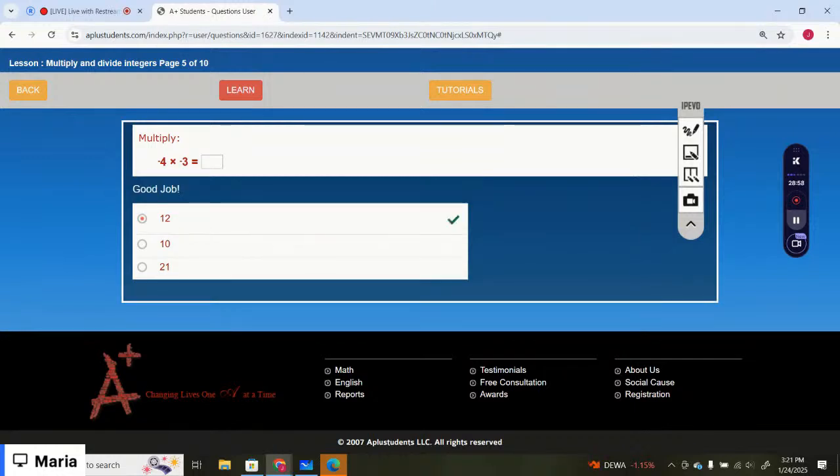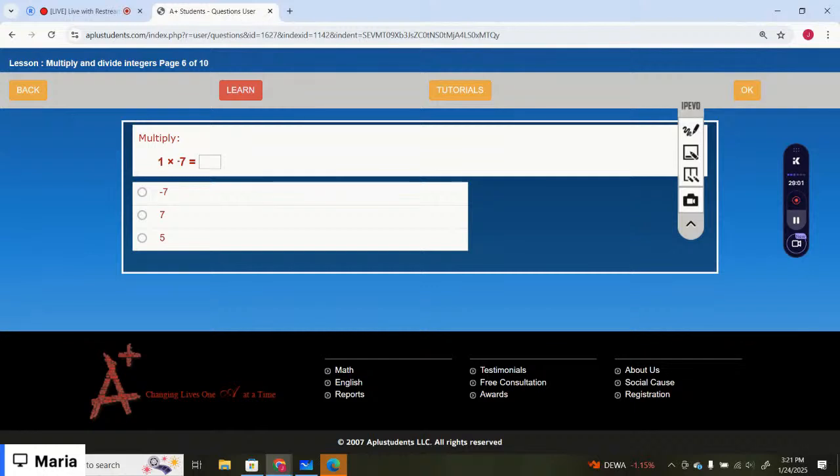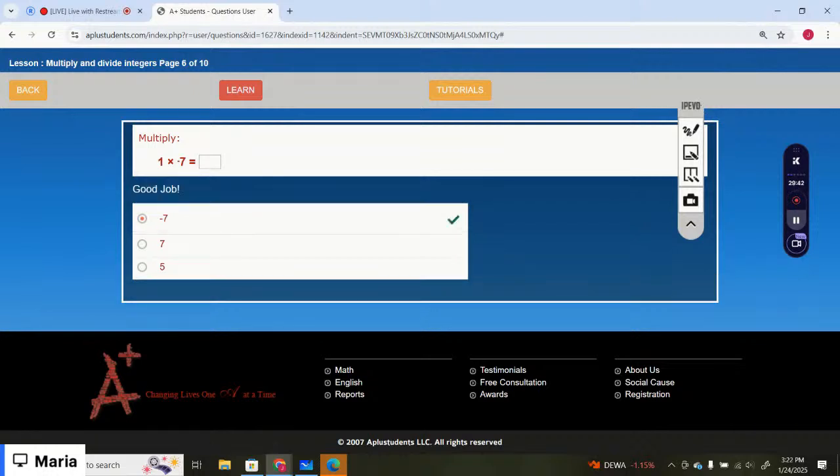Both the numbers have the same sign, so the answer is positive. 1 times negative 7, which is the correct option? 1 times negative 7 is negative 7. Option number 1 is the correct option.